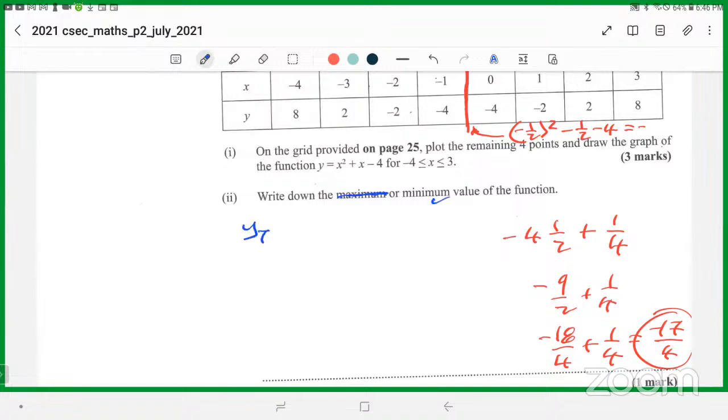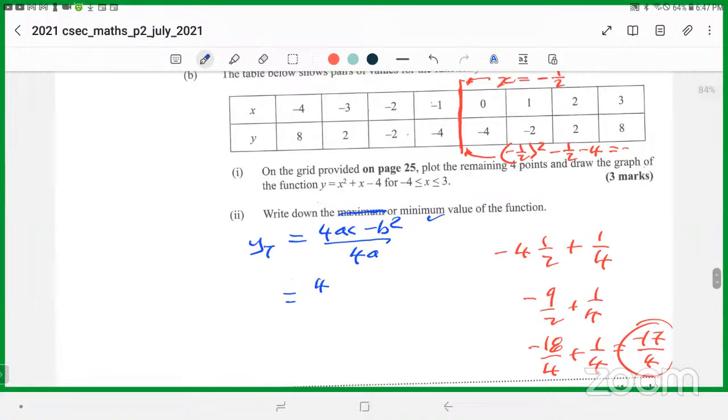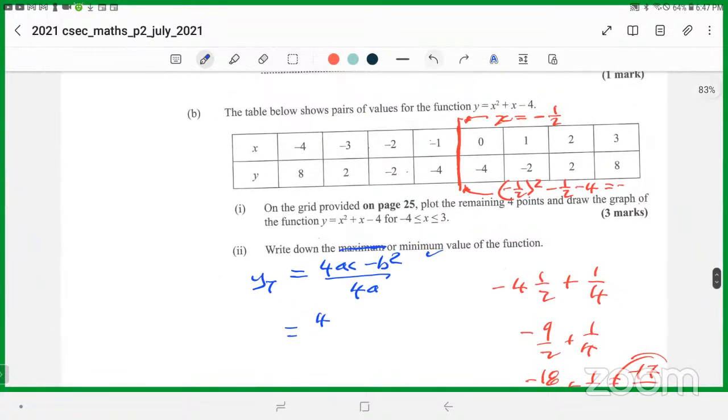It's your y_T value, which is 4AC minus B squared over 4A, if you want to use that method to work it out. It's going to work out the same way. Let's look at it. 4 times A. What's the A value? The A value is 1. The coefficient of x squared is 1. Times C. The C value is negative 4. Minus B squared. The B is 1.